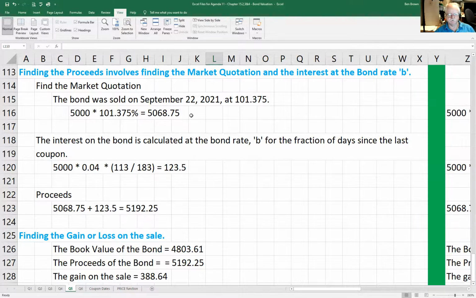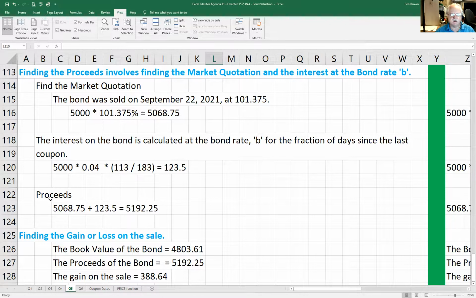So at this market quotation, that's what they would refer to as the value of the bond. And then from the market quotation, they added 113 days worth of interest. So 5,000 at 4% for this amount of days gives us $123.50.